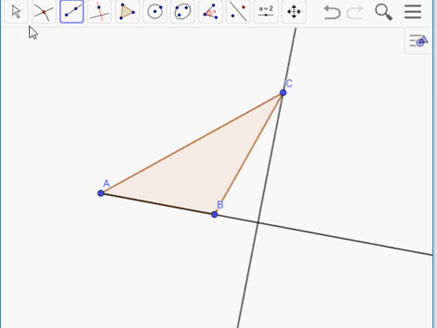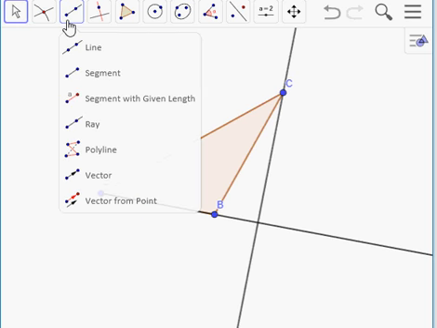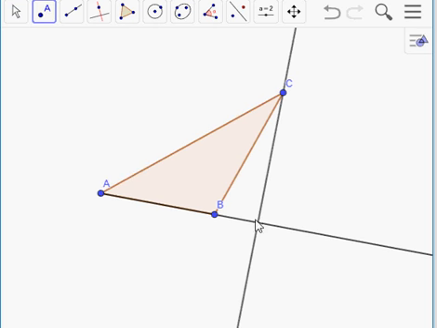So now I can talk about the altitude of the triangle, and the altitude of the triangle is the segment CE, which is actually on the outside of this triangle. So you have to take the line segment of the triangle and extend it out, and then come from the vertex opposite that side and come straight down to the extension. And so here's my right angle here. So the altitude may be on the outside of a triangle. In the case of an obtuse triangle, it turns out that two of the altitudes actually fall on the outside.